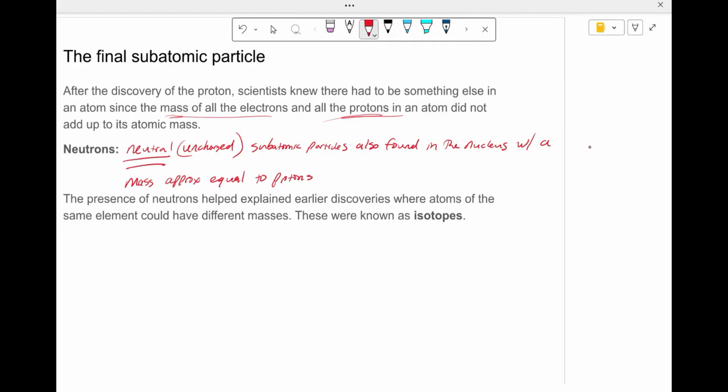So neutrons and protons have approximately the same mass, but neutrons do not have a charge.